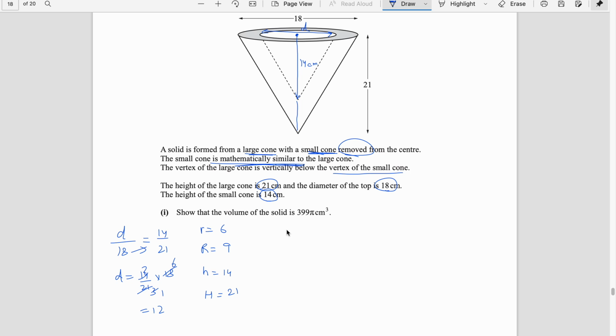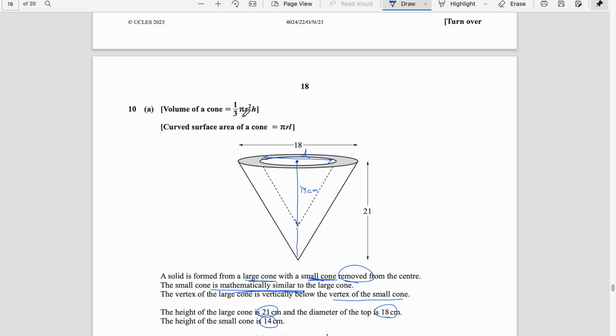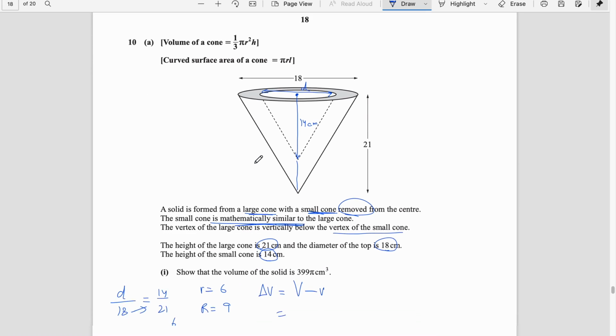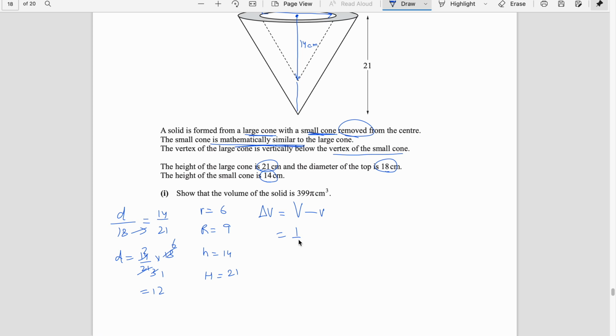So volume should be volume of larger minus volume of smaller, that is the change in volume. And so volume of larger is, for a cone, the formula is 1 by 3 pi r square h, minus 1 by 3 pi r square h.